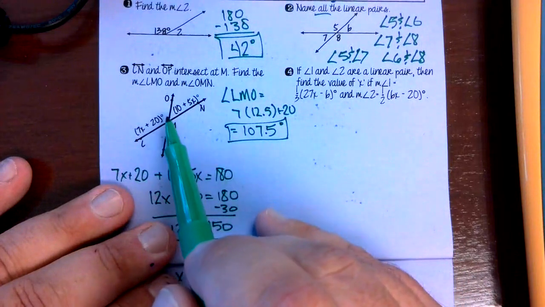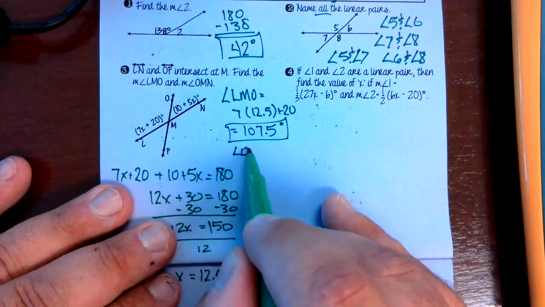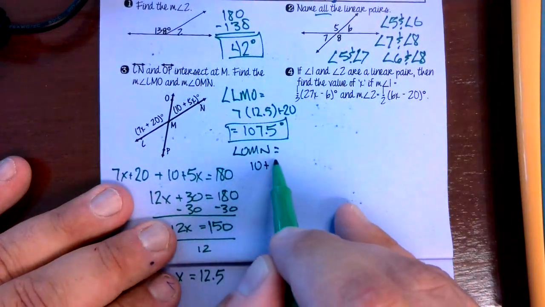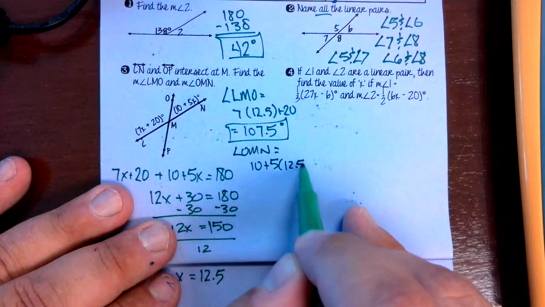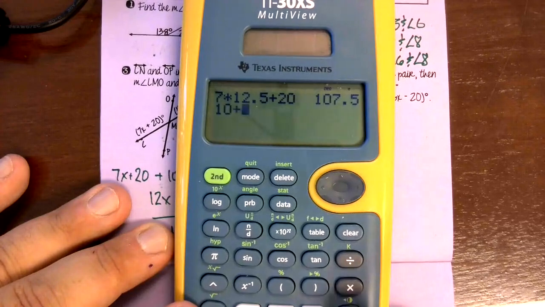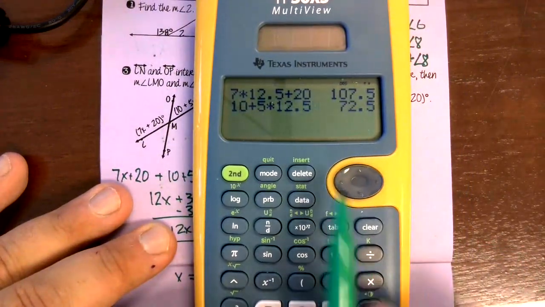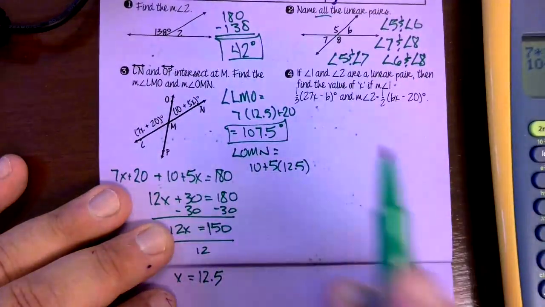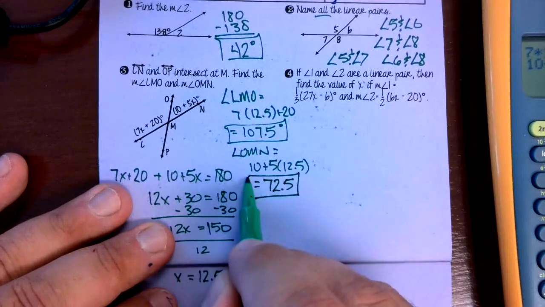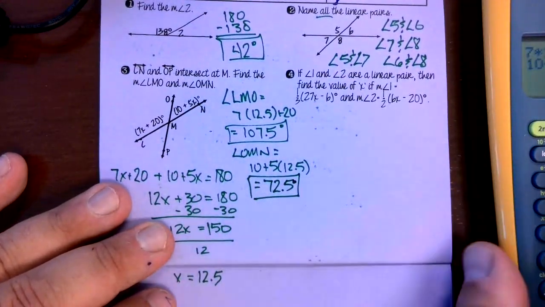And then I'm going to plug it into this one. Angle OMN equals 10 plus 5 times 12.5. Type it into my calculator. Gives me 72.5. Those do add up to 180, which is what I wanted.